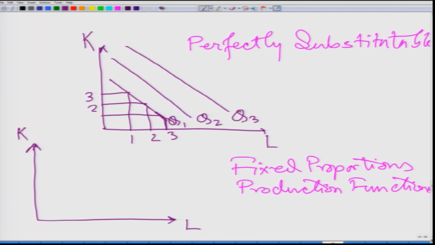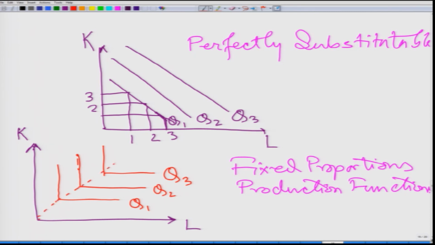capital, I can draw my isoquants like this, L shaped. These isoquants will be L-shaped, and this is my isoquant 1, isoquant 2, isoquant 3, which shows 3 different levels of production.